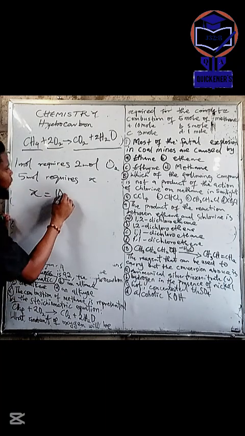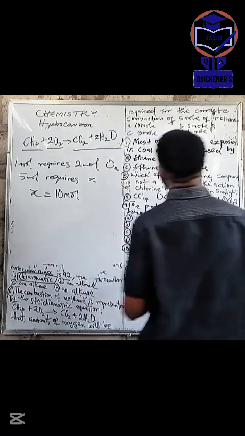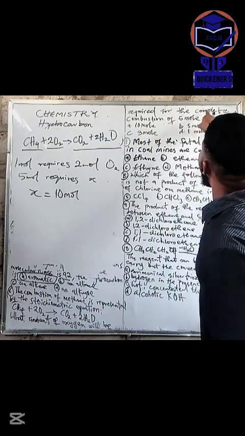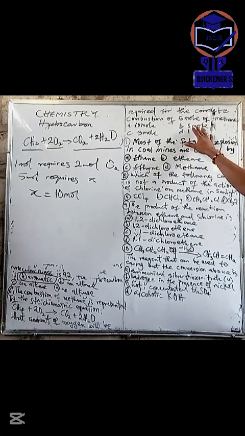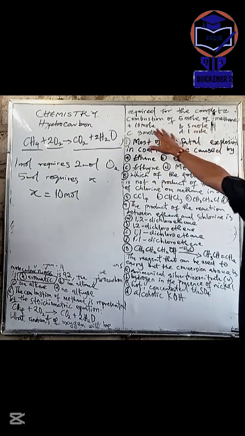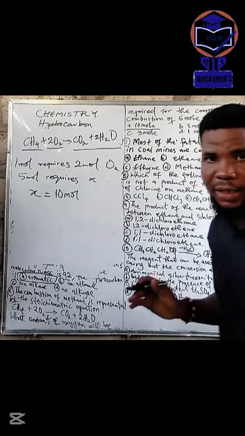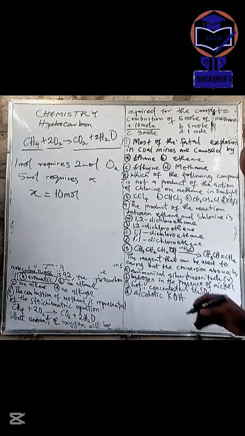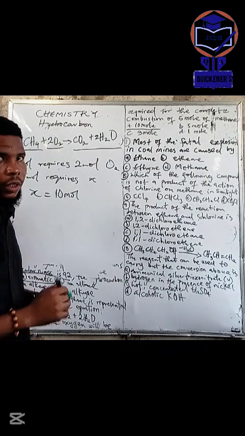I hope you understand. So 10 mole. To burn 5 mole of methane completely, we need 10 mole of oxygen. I hope you understand that, right? Okay, so let's try and solve the remaining 4 questions.